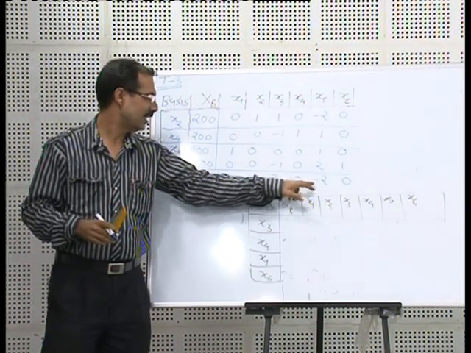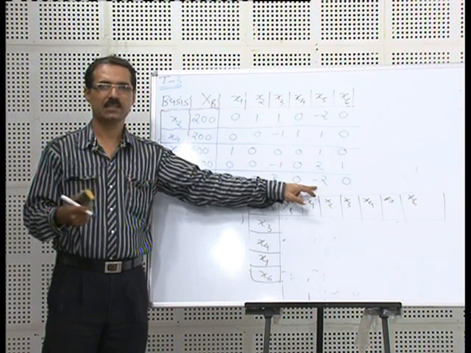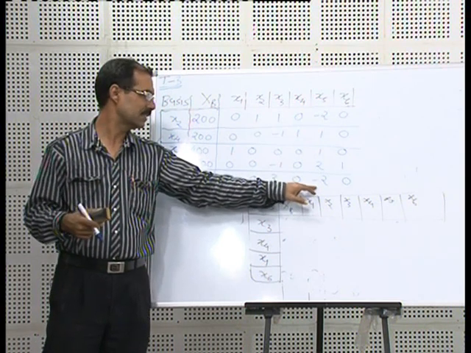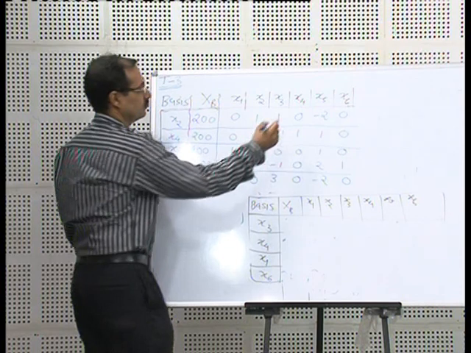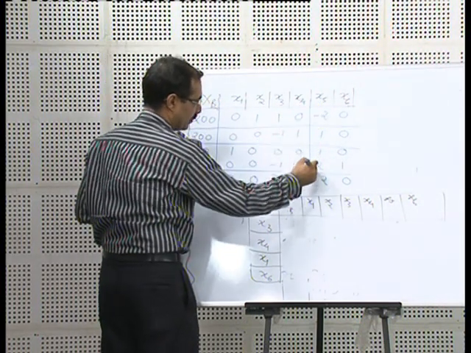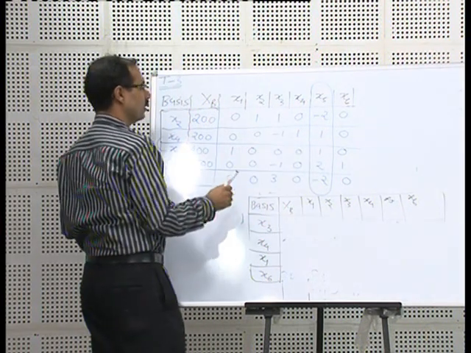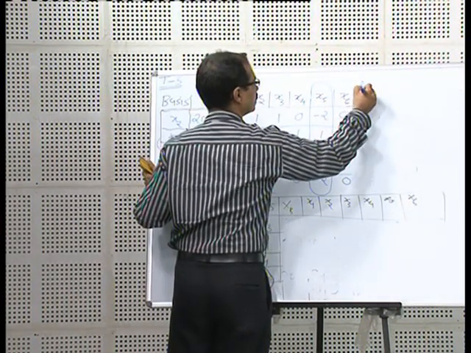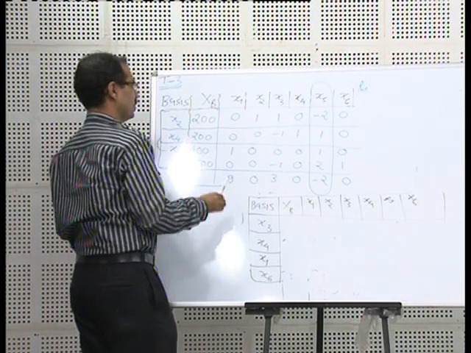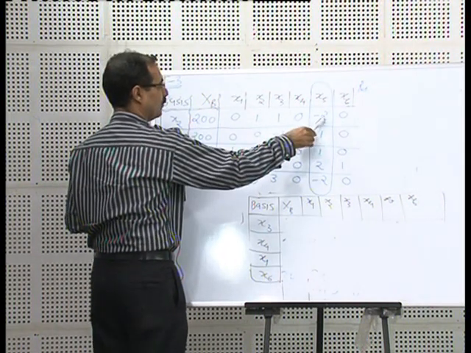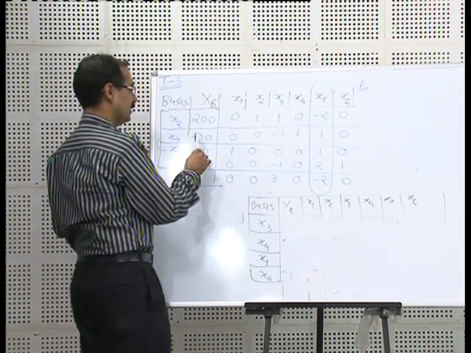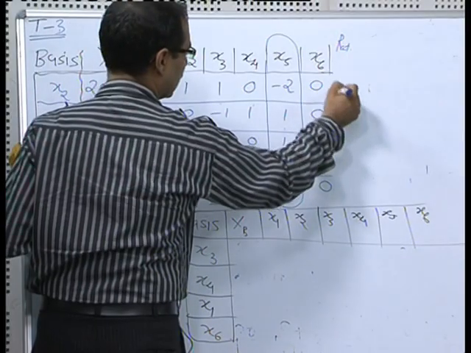As we can see, -2 is a negative number, and a negative number is never a good number for us in the last row at least. So we would love to select that bad number column, and then we'll have ratios. The ratios were 200 divided by -2, a negative number, so we are not interested. 200 divided by 1 is 200.